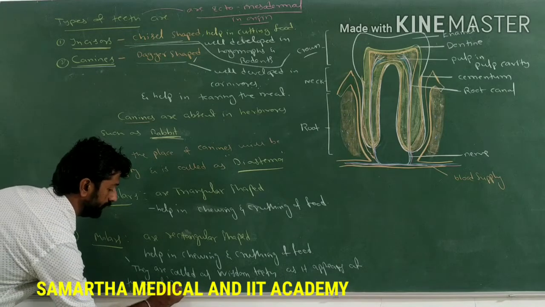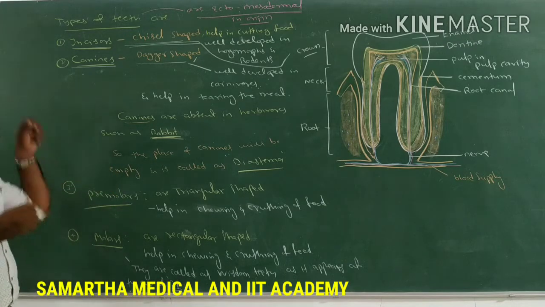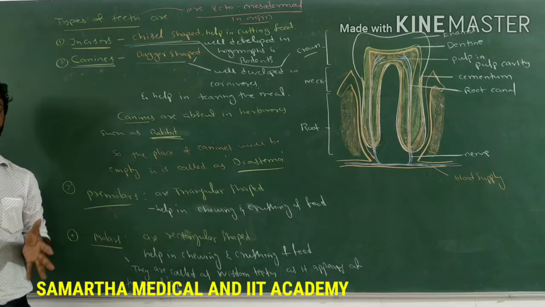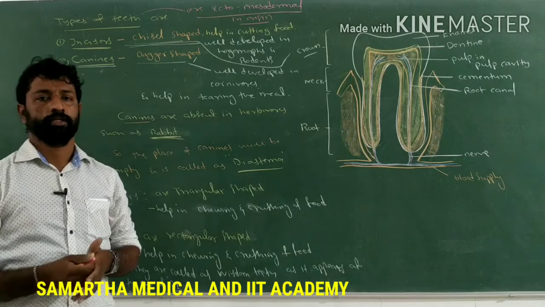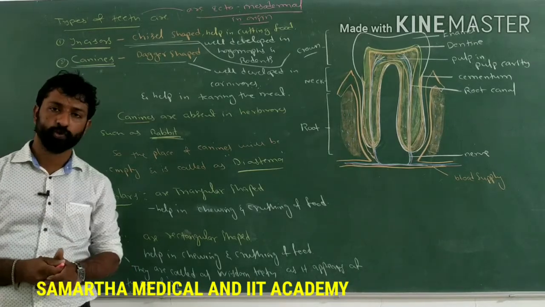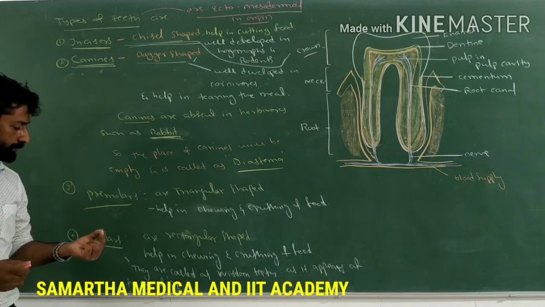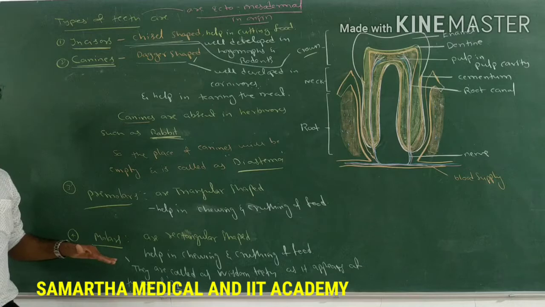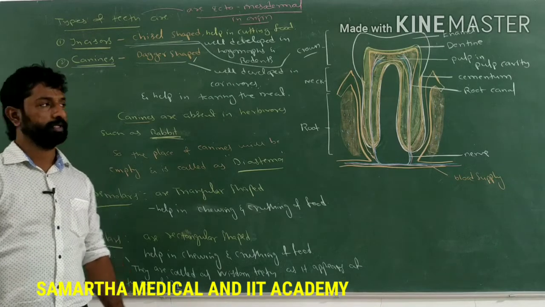At the age of 21 the individual will be wise enough to take decisions or think over the happenings in his surroundings. So he will have that much intelligence. So the molar which appears at the age of 21 is called the wisdom tooth. Is it clear?